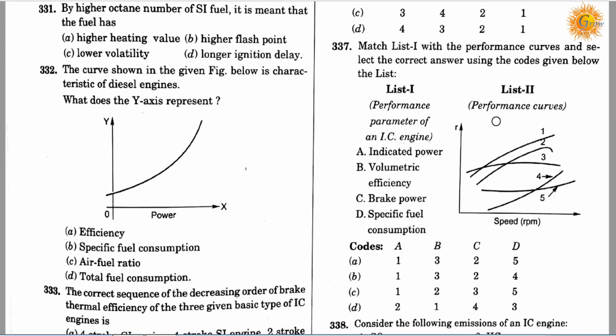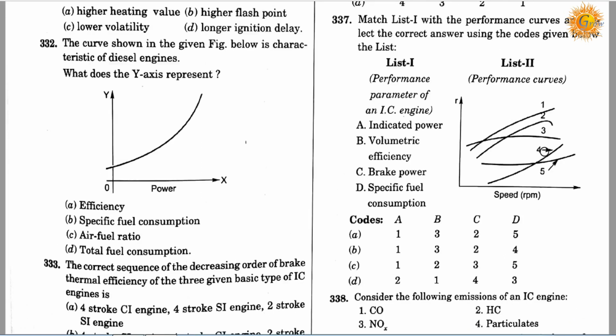In list 2, you can see the performance curves. So the correct answer is A. Indicated power belongs to curve 1, volumetric efficiency belongs to curve 3, brake power belongs to curve 2, and specific fuel consumption belongs to curve 5, this one.